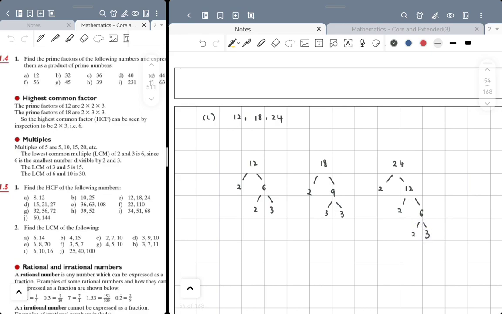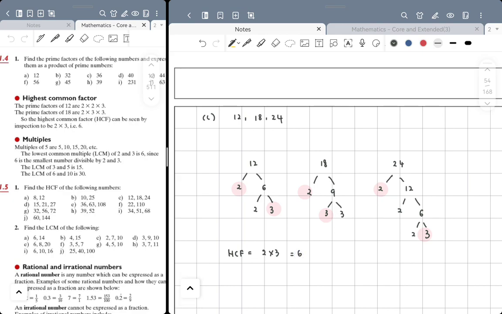So you have to find what is in common. 12 has 2 and 24 has 2, but 18 doesn't have 2. And 3: 3, 3, 3. And that's all. So the HCF equals 2 times 3, which is 6.